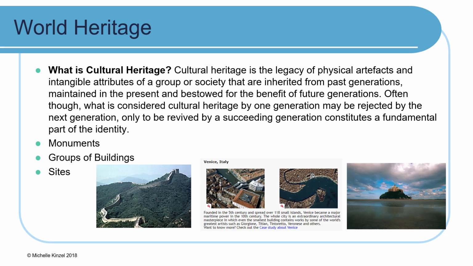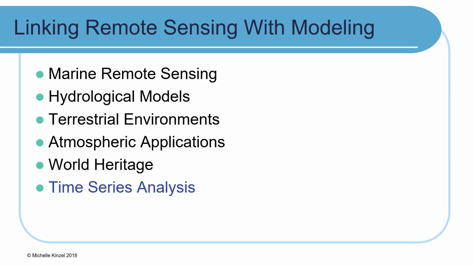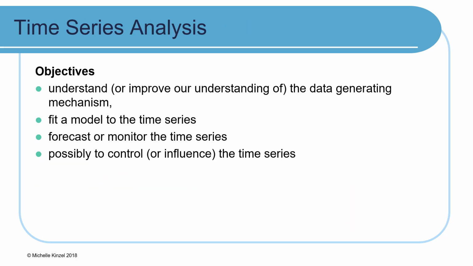Then it can be reviewed by a succeeding generation and constitute a fundamental part of the identity. So it's important to document or to access remote sensing data that we have on monuments, groups of buildings, and historical sites, for example.